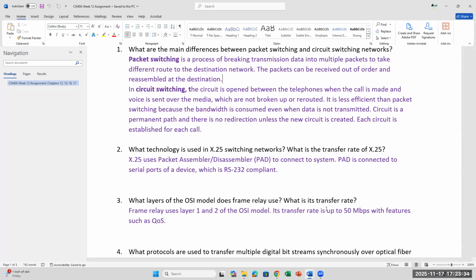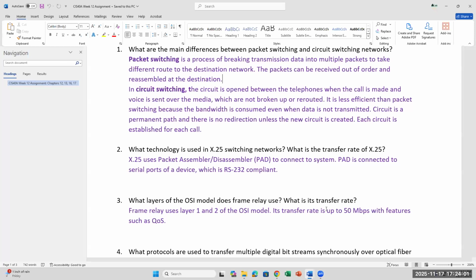It is operating at layer 1 and layer 2 of the OSI model. So whenever you see the term frame, you know that it's only going to be up to layer 2, right? If it uses the X25 digital, it might go up to be able to route, but a lot of times when you hear the term frame, you know that's functioning at layer 2. In order for it to frame, it needs to connect at bit level.